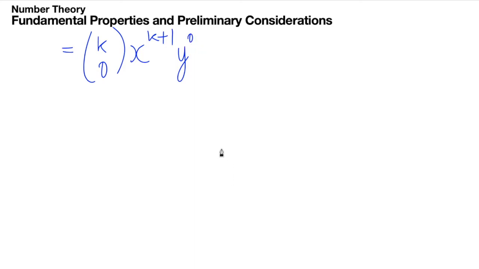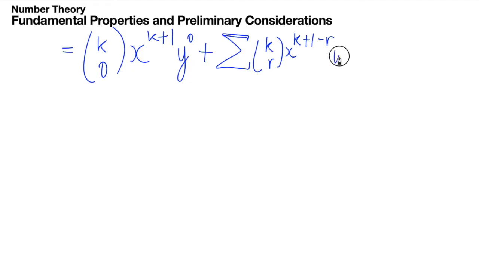Plus, since we have taken out the 0th term, what will be left in our summation notation is k choose r times x raised to k plus 1 minus r, y raised to r, running from 1 to k.